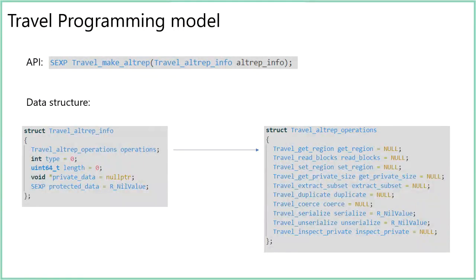So if someone writes data that breaks your sortedness assumption, you can just define this set region function and clear the sortedness flag, saying maybe unknown sortedness or something else.